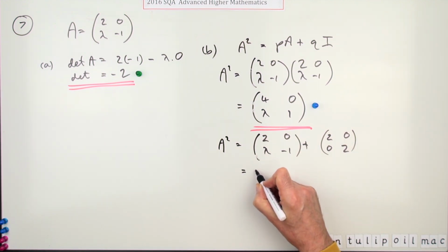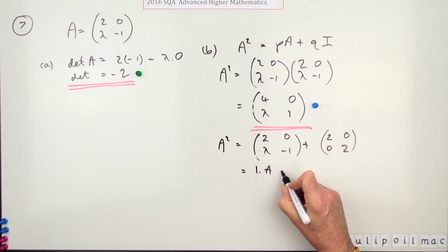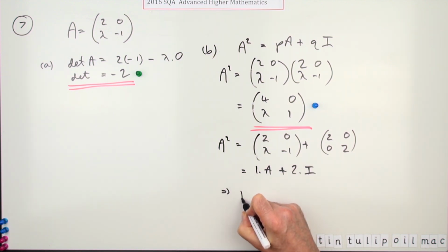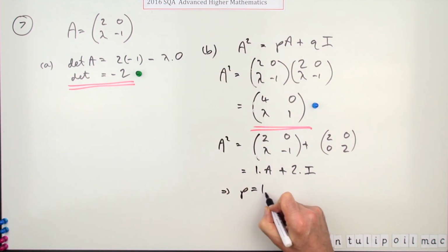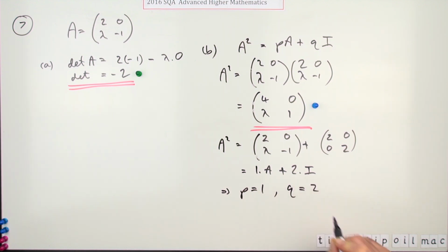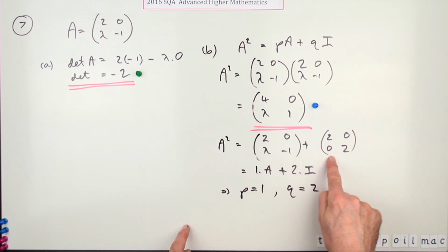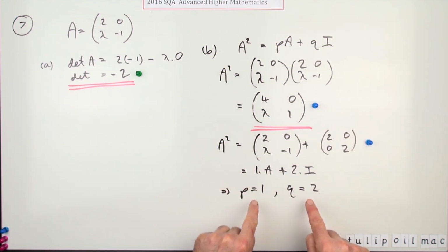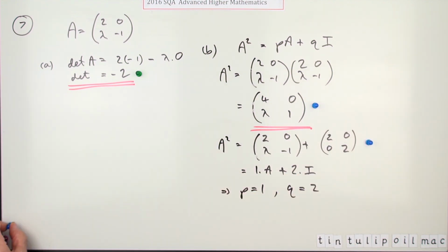So that's equal to then 1 lot of A plus 2 lots of I. In other words, P, the number of A, is 1, and Q, the number of I, is 2. Now doing it that way, forming this would give you a mark, and then stating P and Q gives you the 3rd mark.